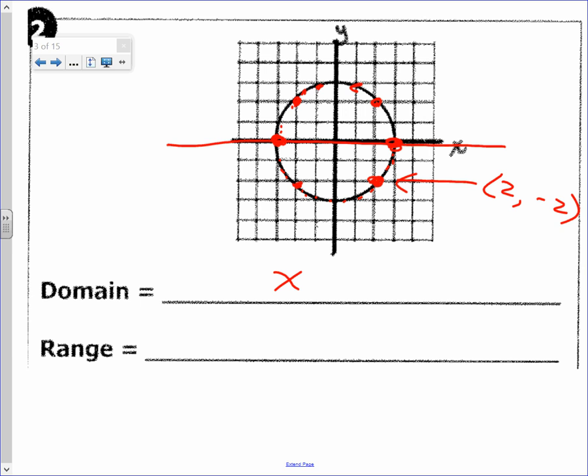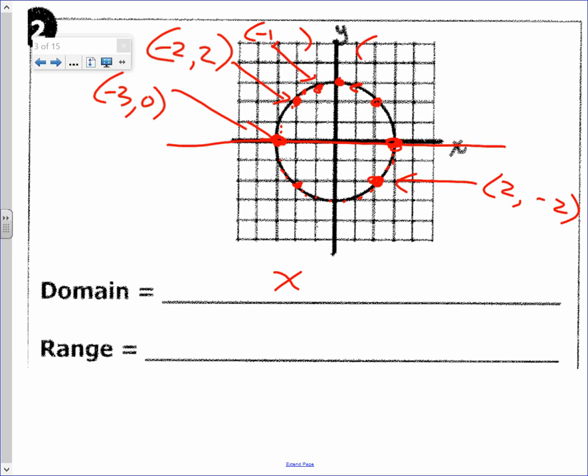Let's see. What's the x value there? -2. Up 2. So x can be right here. X can be -3. X can be -2. X can be -1. X can be 0.